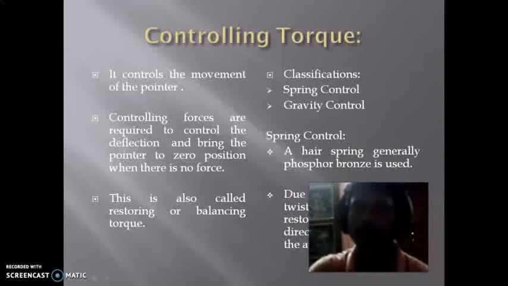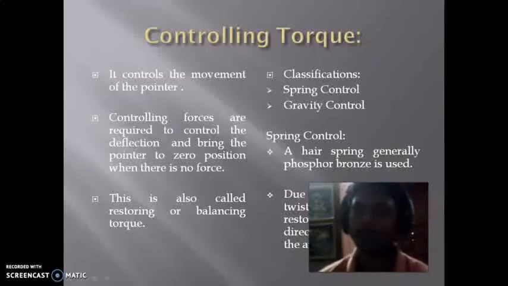So this kind of controlling arrangement may be classified into two categories. One is spring control and the other is gravity control, and the torque developed in this system is called the controlling torque, and this kind of torque is also called the restoring or balancing torque.